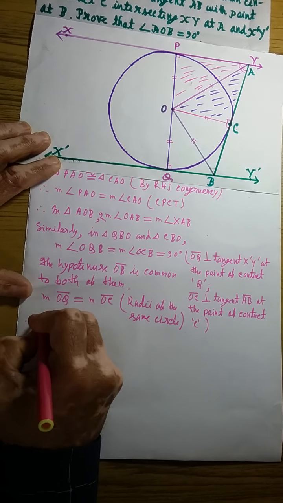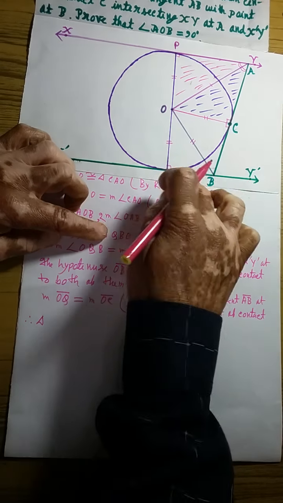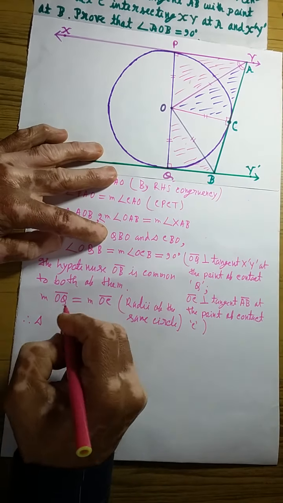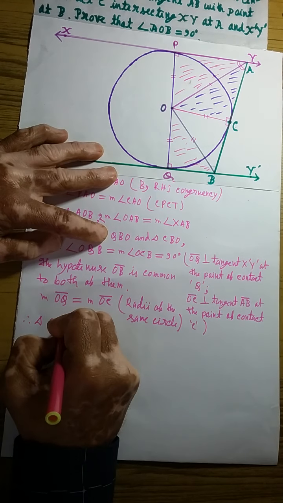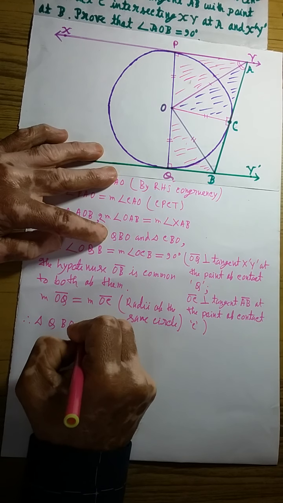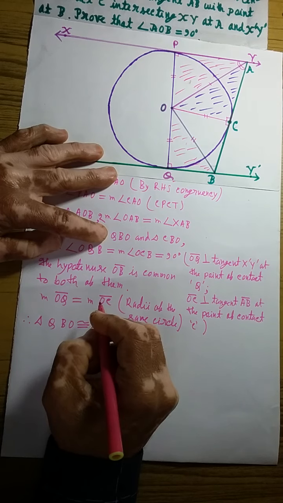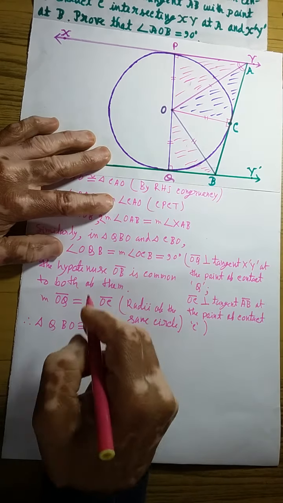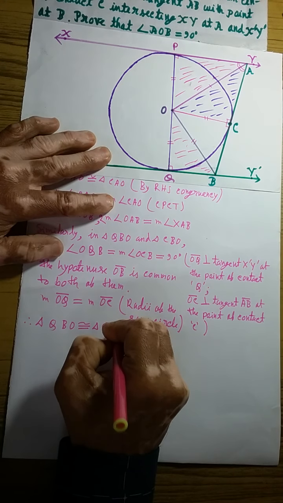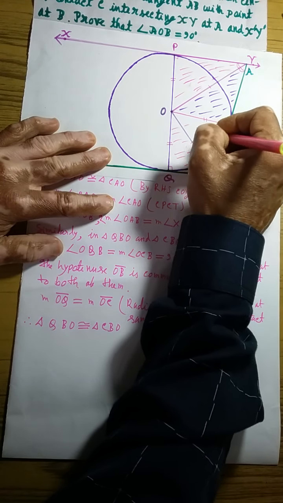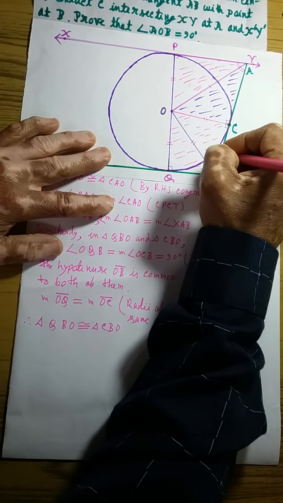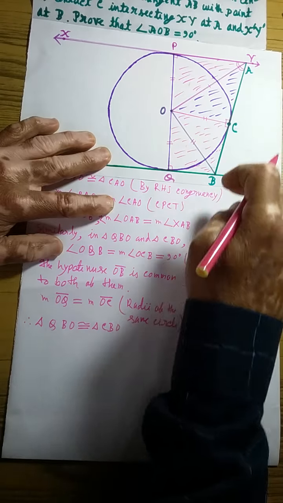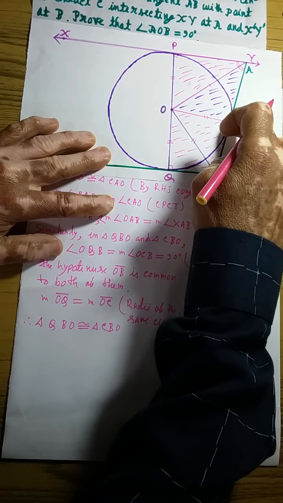Therefore triangle QBO is congruent to the triangle CBO.